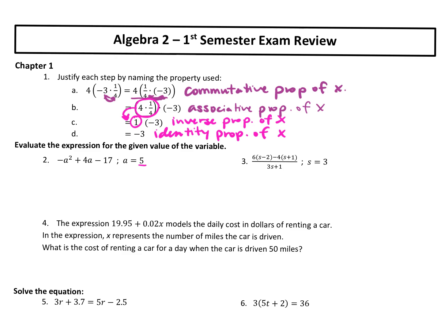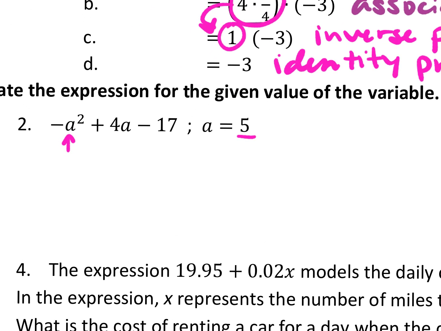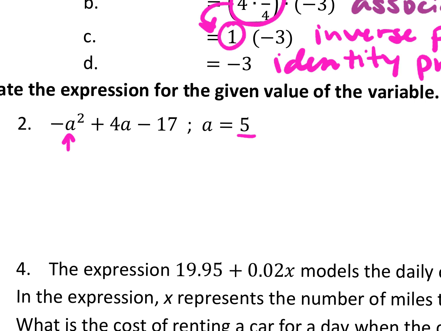All right, number 2, evaluate for the given value of the variable. A is 5. Now this is always the thing that tends to be done wrong. It is not saying the opposite of a squared, okay? It is saying square a and then take the opposite of that. So when there's not parentheses around it, that negative gets attached on at the end.